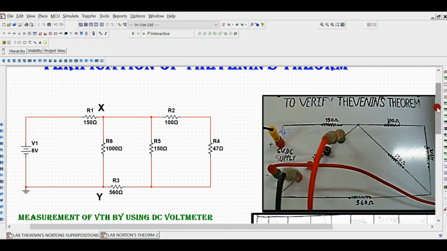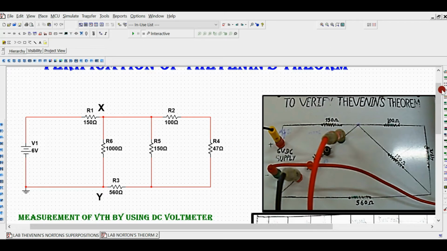So we can replace that complex network with an equivalent diagram. There will be VTH, which will be called Thevenin's voltage source, and there will be RTH, which will be called Thevenin's resistance in series with the VTH. And then across the load terminal XY you can reconnect the load resistance.